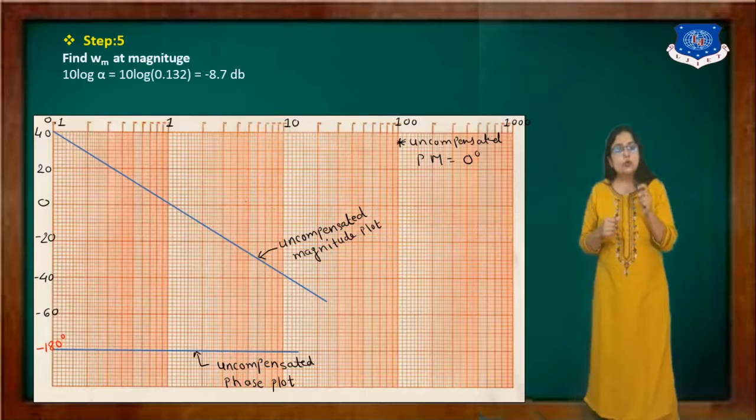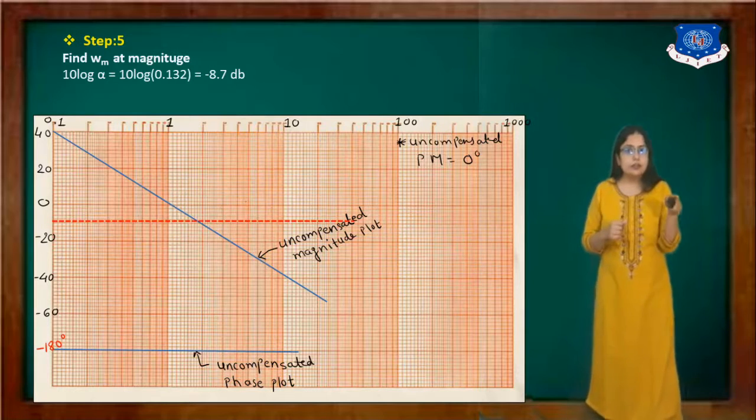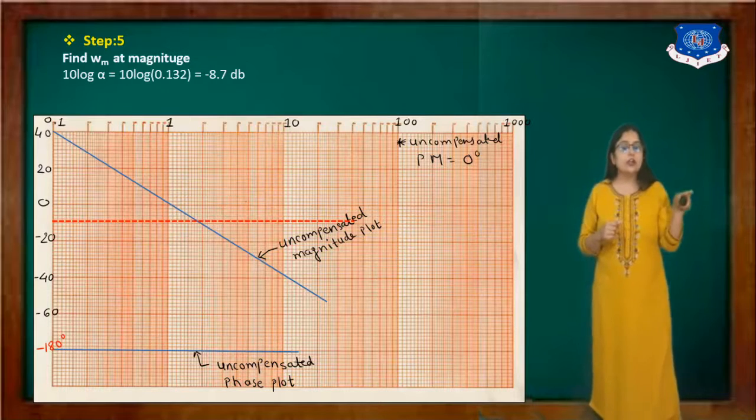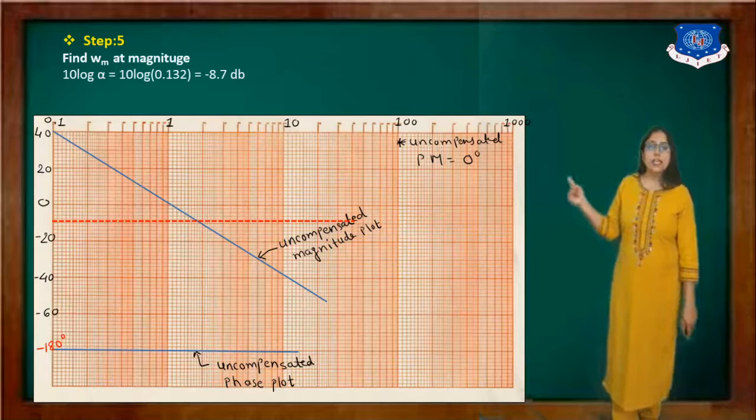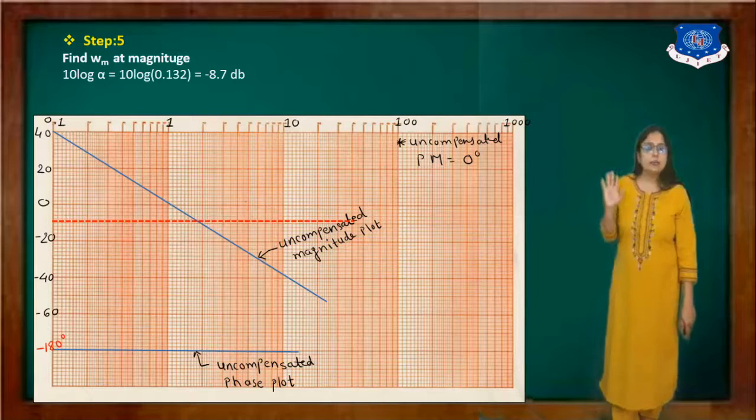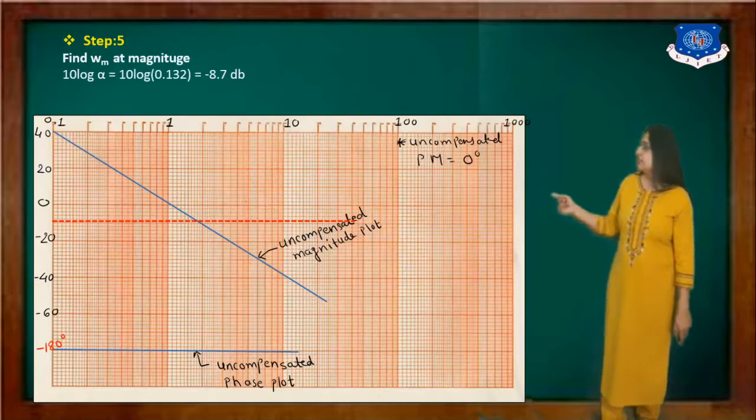So you have to draw a line of minus 8.7 dB like this, this red dotted line. The value of that dotted line is minus 8.7 dB.